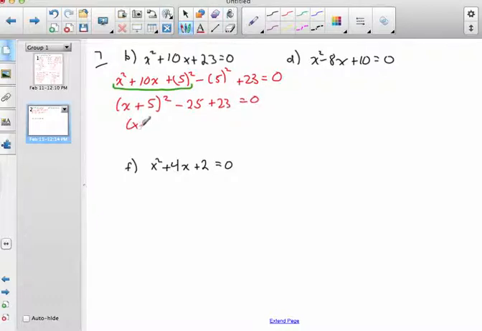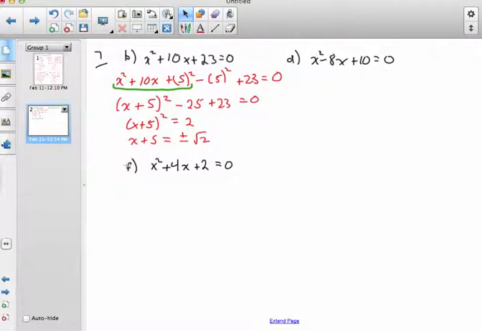So I have x plus 5 all squared is equal to, now I'm going to do two steps here. Minus 25 plus 23 is minus 2, and then minus 2 when I move it over to the other side or balance my equation gives me positive 2. So x plus 5 is going to equal plus or minus the square root of 2.